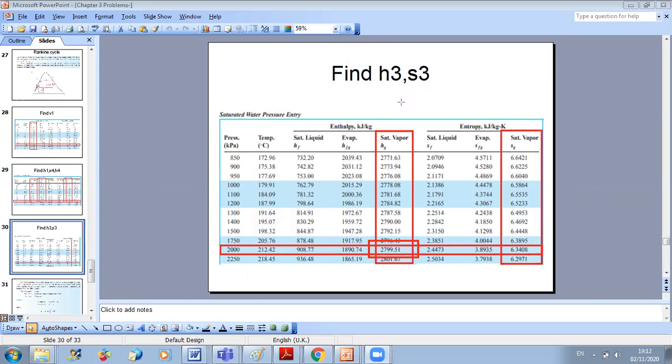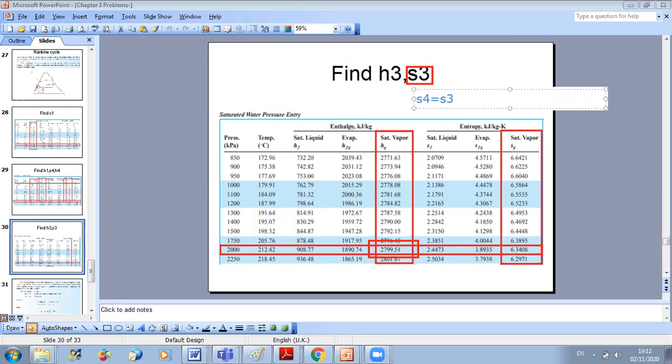Okay. Now, for point 3, we need also to find entropy of 3. Why? Because when we calculate S3, we can use it for S4 after. As we did together, we said that point 4 is characterized by the same entropy of point 3.